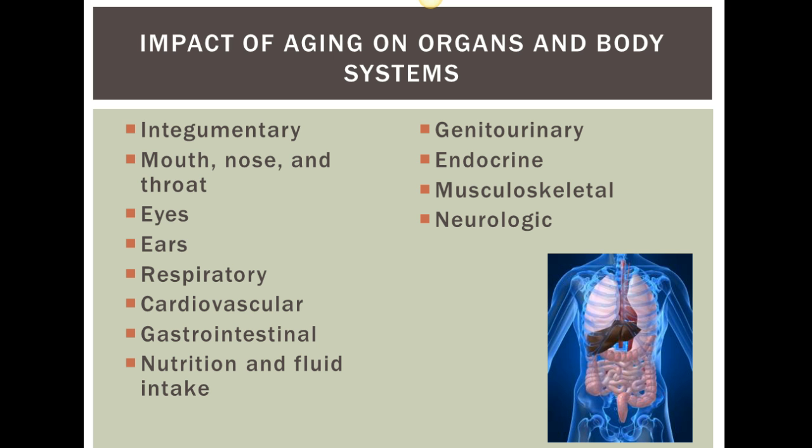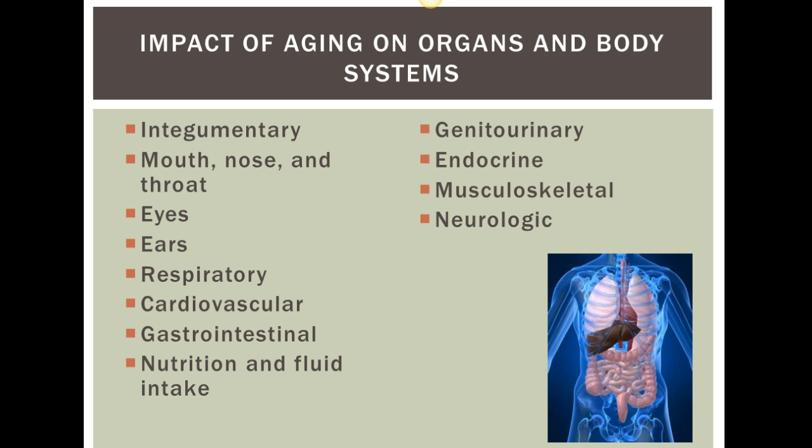Looking at nutrition and fluid, when calculating body mass index, you look at the height and the weight, and you also want to be aware of the waist-to-hip ratio, which can be a predictor of hypertension. They are more likely to be dehydrated, so it's important to encourage fluids.